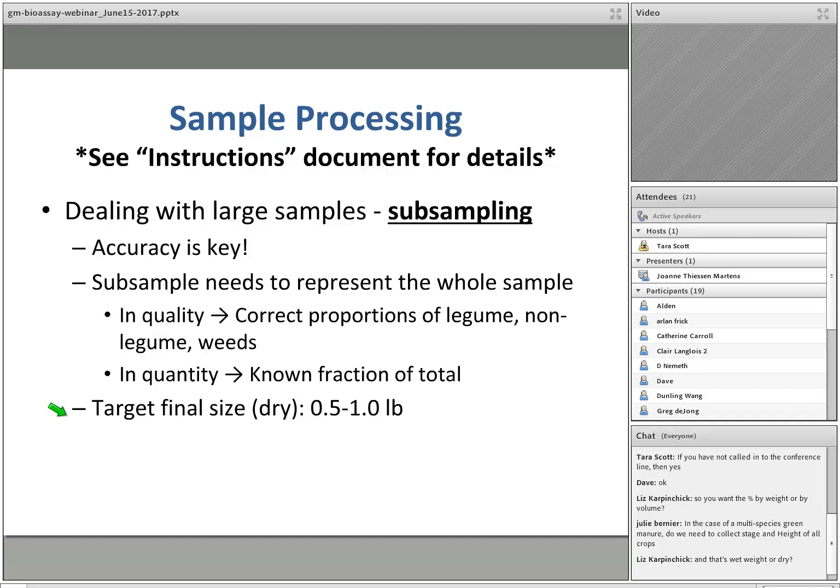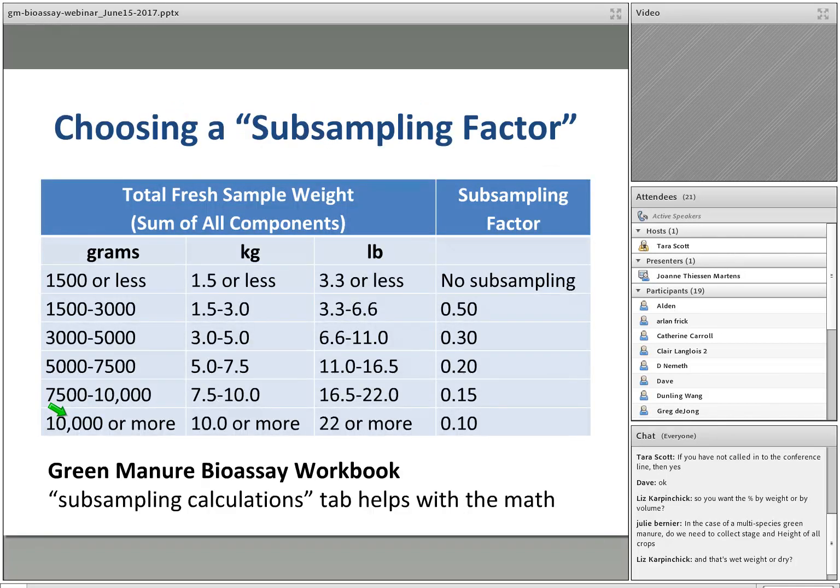And so the way we do this is I did a bunch of kind of backwards calculations, so if I want to end up with such and such a size of sample, what would I start with? And so basically what you can do is weigh your whole sample at the beginning, either the whole pile of it before you sort it, or sort out the legume, non-legume, and weeds, and add up those amounts into the total fresh weight.